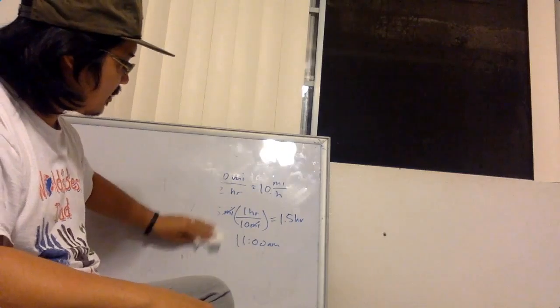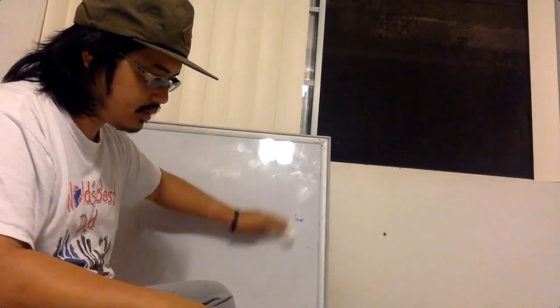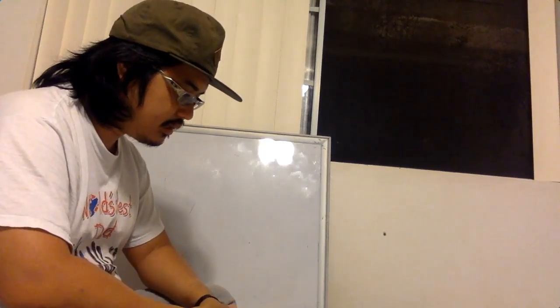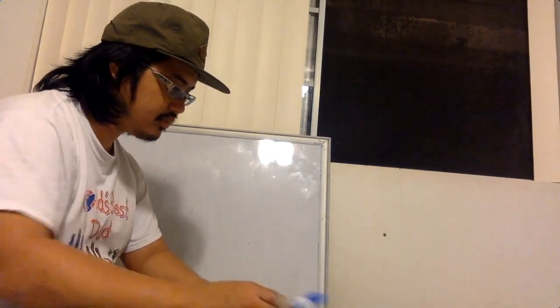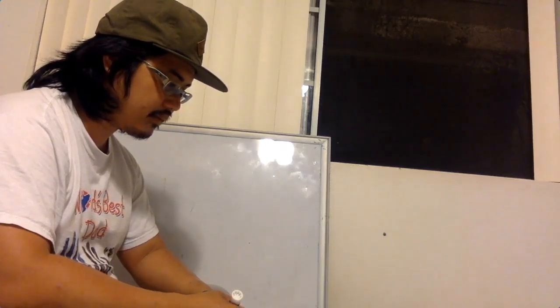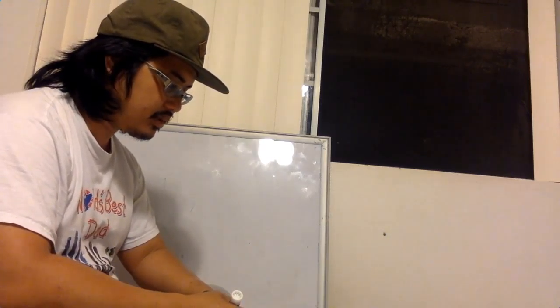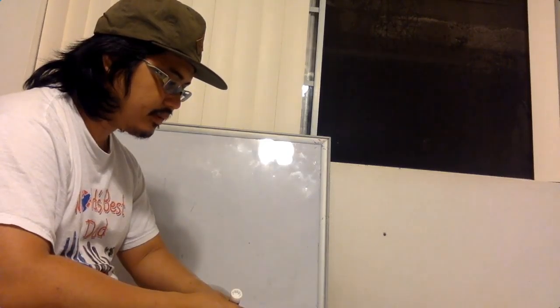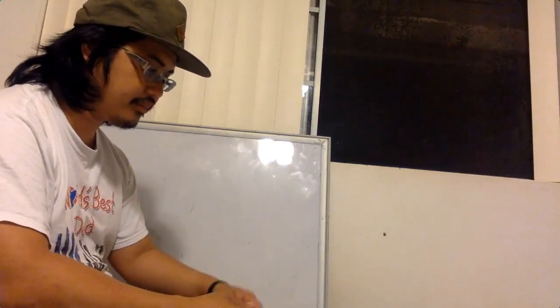All right. Colin took 4 hours to drive from P to Q at an average speed of 75 kilometers per hour. On his way back, he drove an average speed of 60 kilometers per hour. How long did it take?